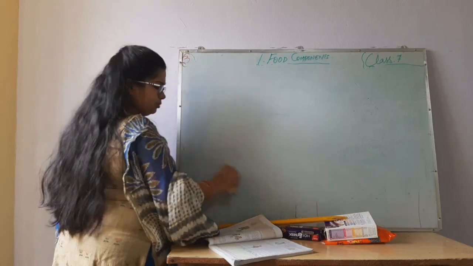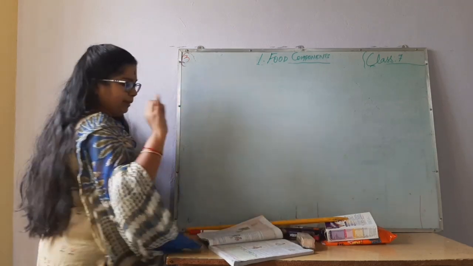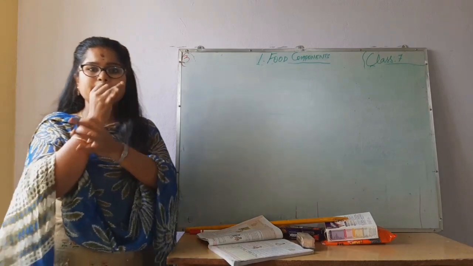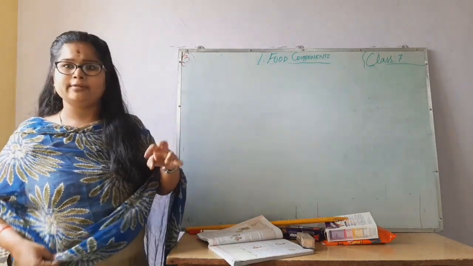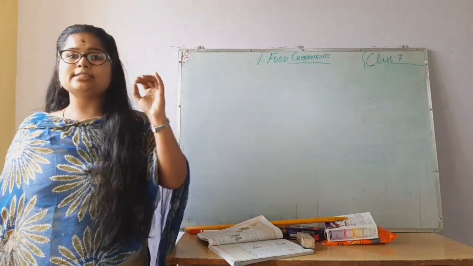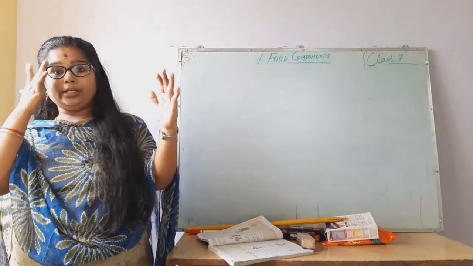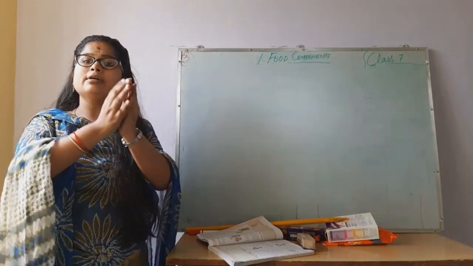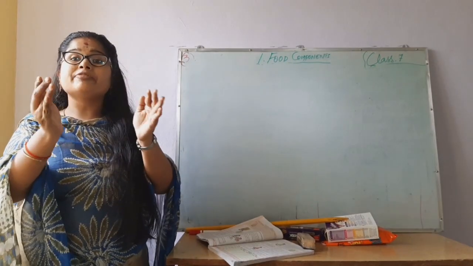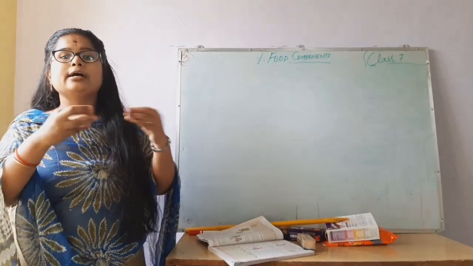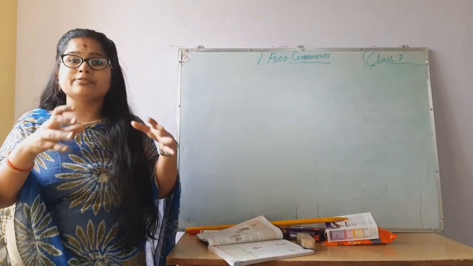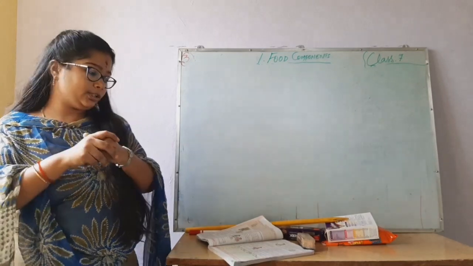In everything we saw, commonly we saw carbohydrates, proteins, and fats. To test these, we have different methods, using different chemicals, to test whether these food components are present in the food item or not. So let's do it.